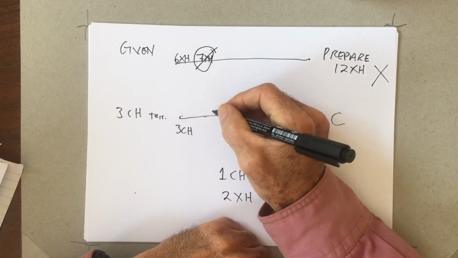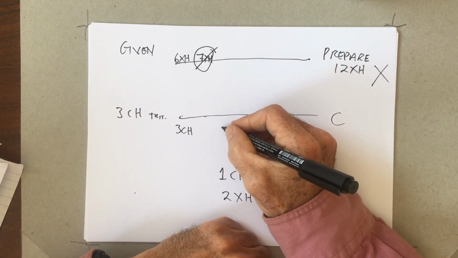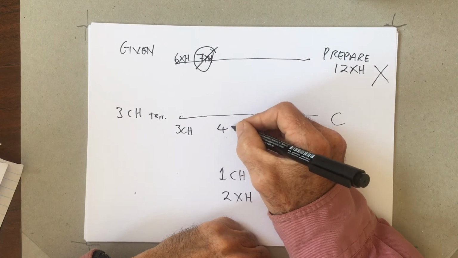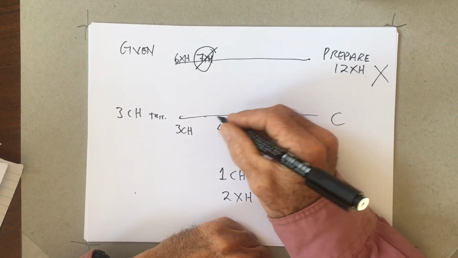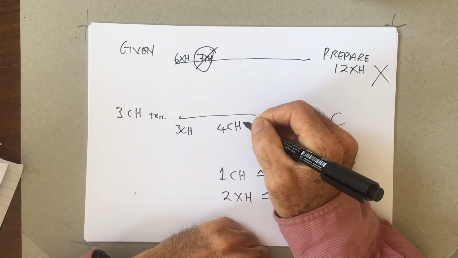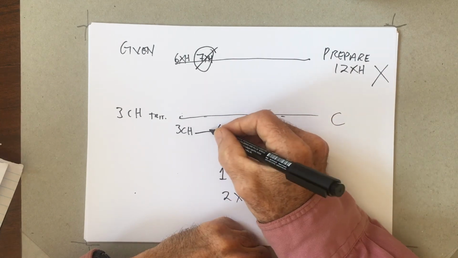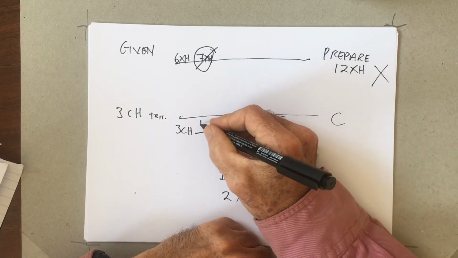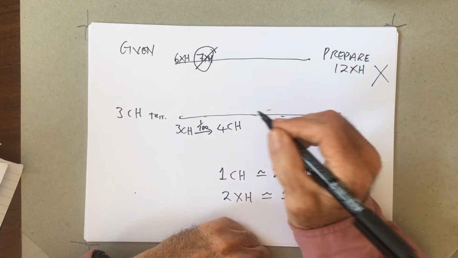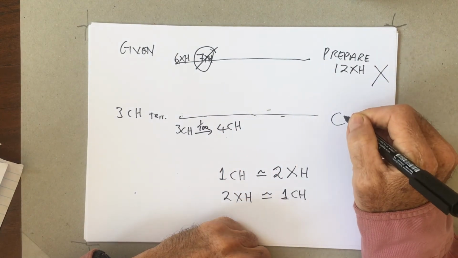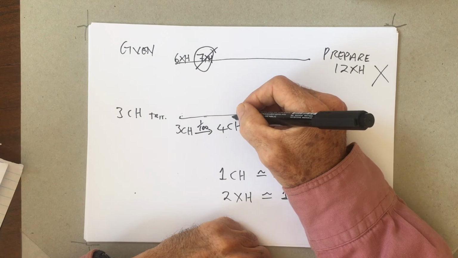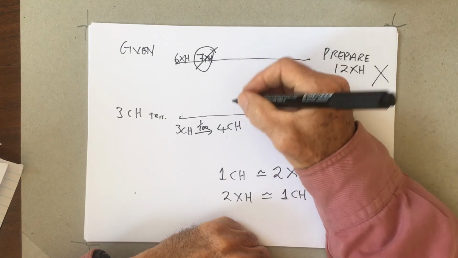So what we need to do is actually continue just one step further on this scale and get our triturate into a liquid form. So we would take the 3CH to the 4CH by the 1/100, because that is the rule for the C scale, the C road, and that will create us a 4CH.